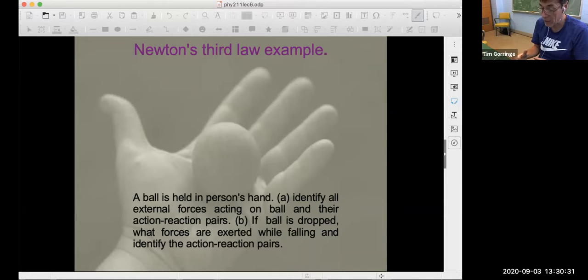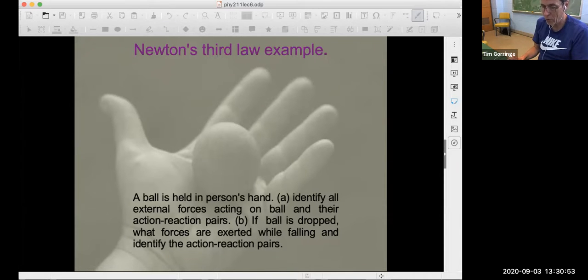And then the second part of the problem, we're going to drop the ball. And as the ball is falling, we're going to consider the forces that are acting on the ball. And again, all the action and reaction pairs.